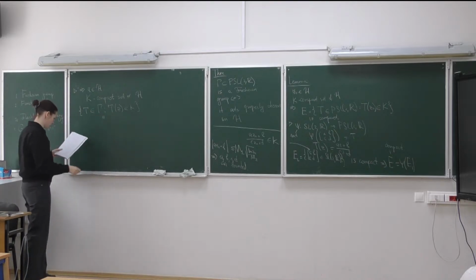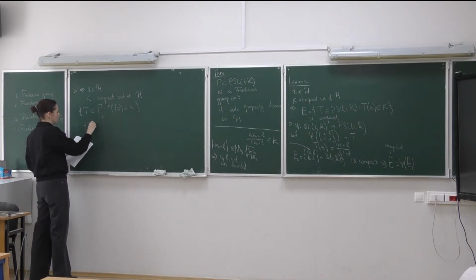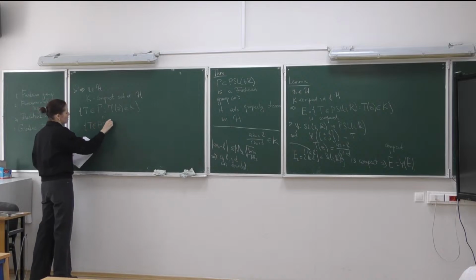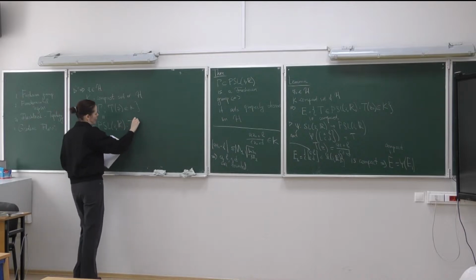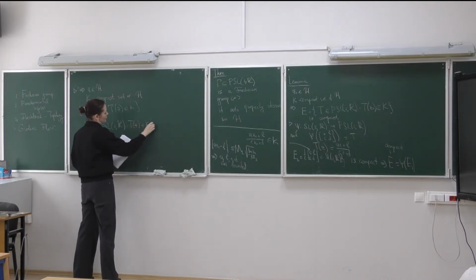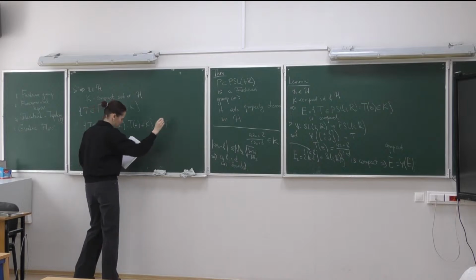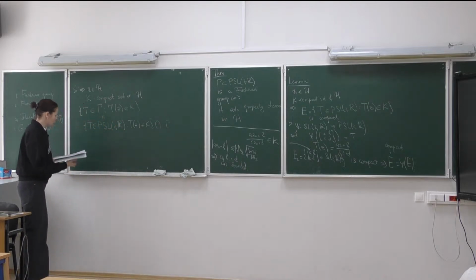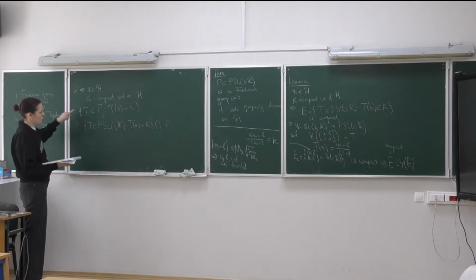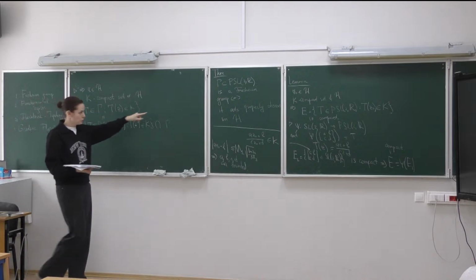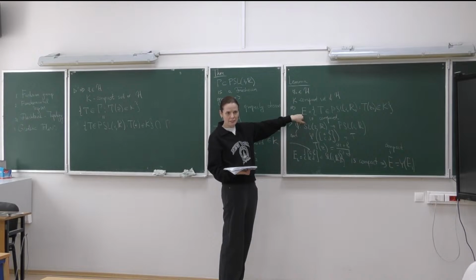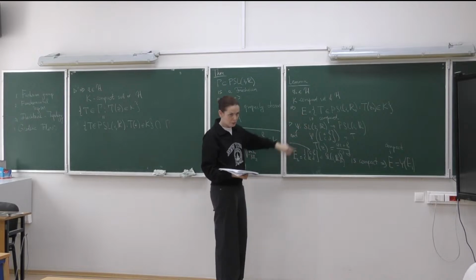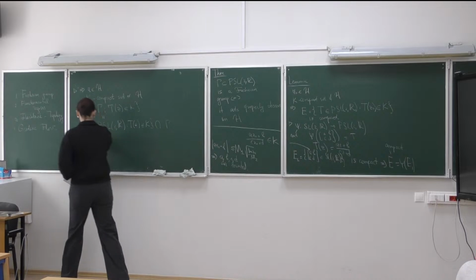We can say equivalently that we consider all the Möbius transformations, not only members of gamma, with this property, and then we intersect it with our gamma. So what do we have here? This is a compact set, right? Because we just checked it in the lemma. We said that if it's a compact, then those who enter it form a compact set, right? So we can be sure that this is compact.